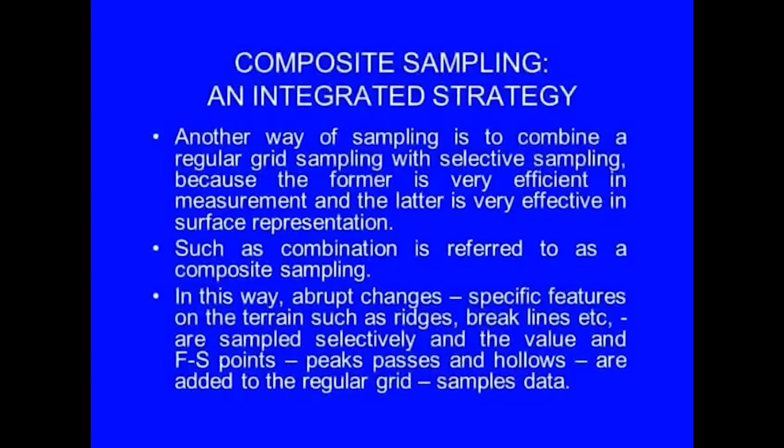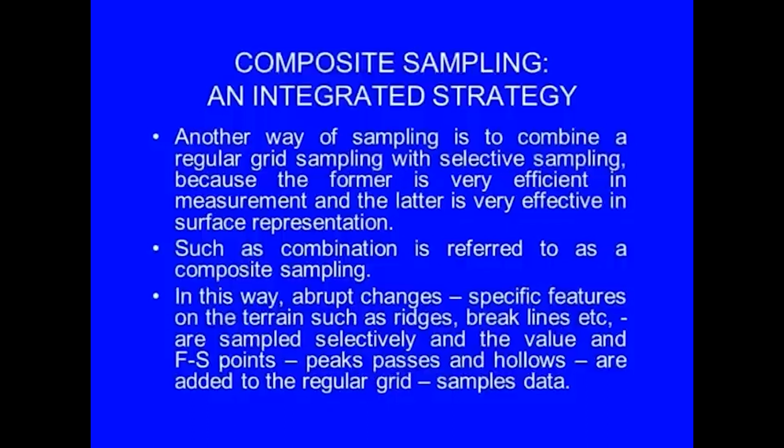Composite sampling and integrated strategy. Another way of sampling is to combine a regular grid sampling with selective sampling, because the former is very efficient in measurement and the latter is very effective in surface representation. Such a combination is referred to as a composite sampling.